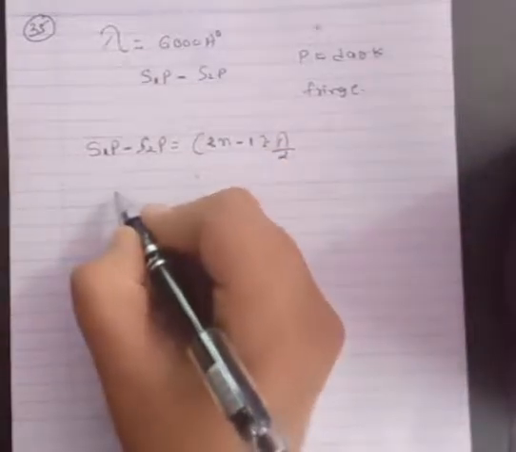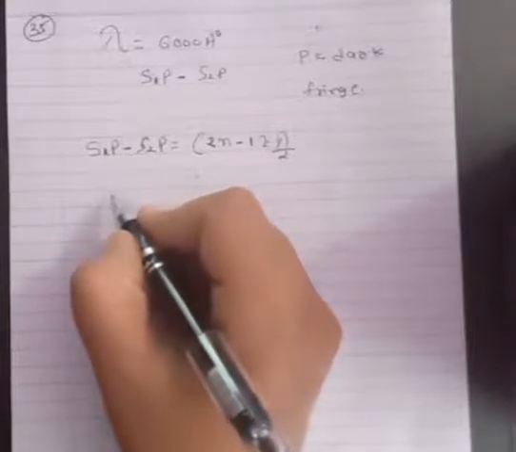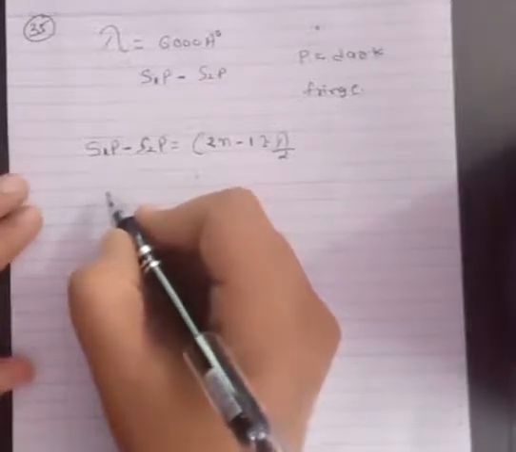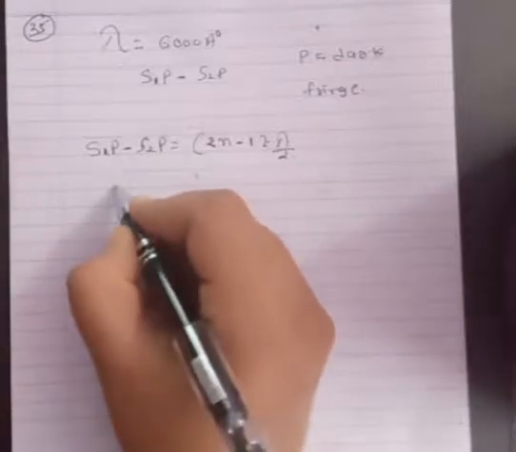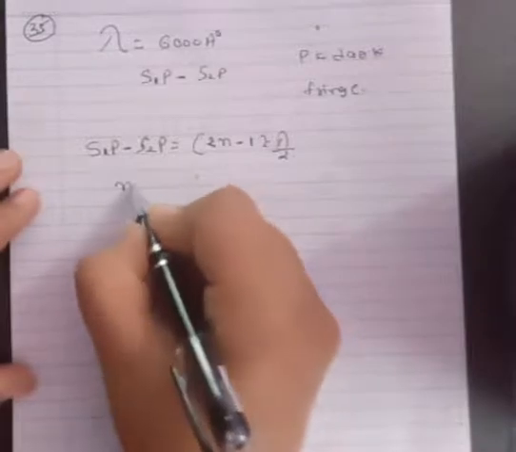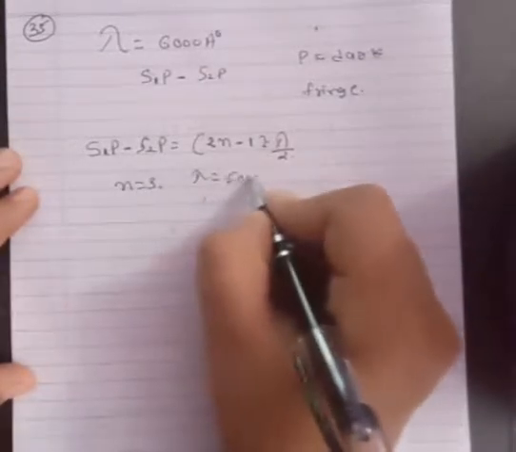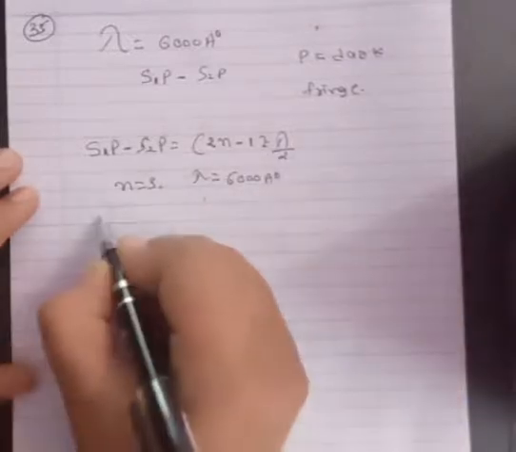Here n is equal to 3 and lambda is equal to 6000 angstrom. Put this value.